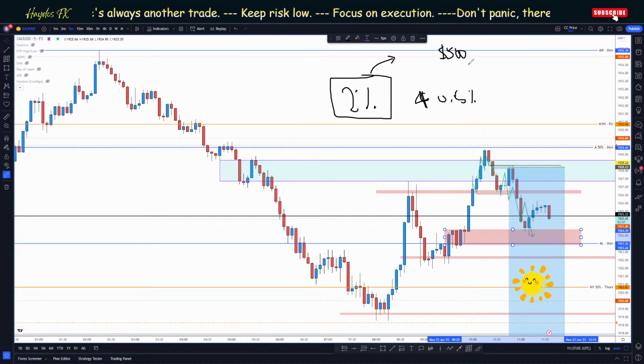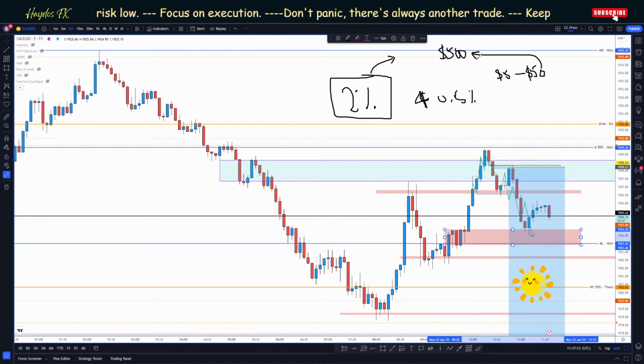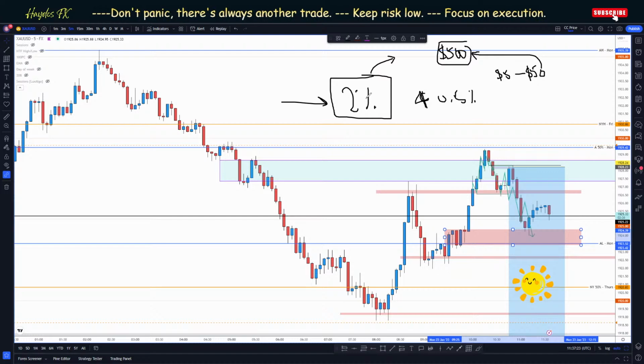If I'm risking, say, $5 a pip and I'm risking 10 pips, then that's $50 I'm risking on this trade. That means I could actually take 10 shots before I reach my total loss limit for the day. But with people using percentage, it's very easy to go over your total loss limit for the day.